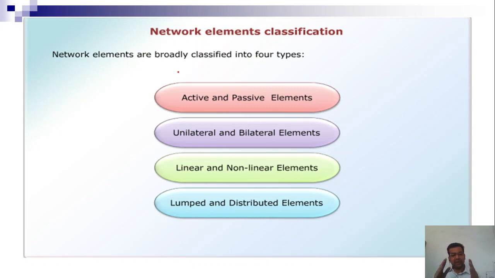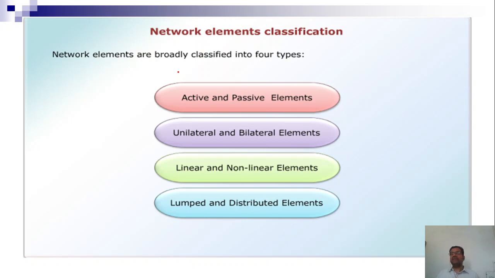Actually we talk about active and passive throughout your BE, but to make you understand basic things, I'm just listing out all your elements, that's all. You should know what is active and what is passive. What is an active element? Your voltage and current, which supply the energy to the circuit. We call them sources.